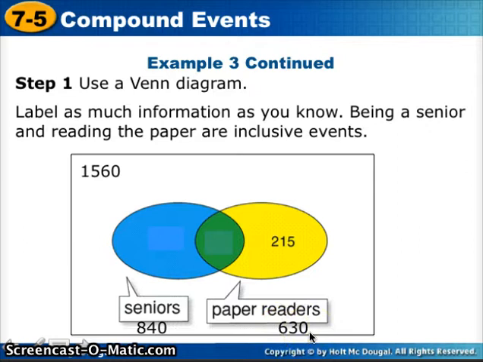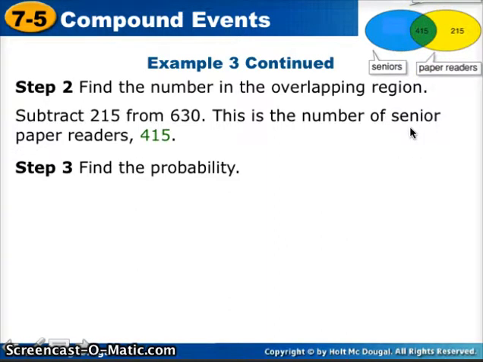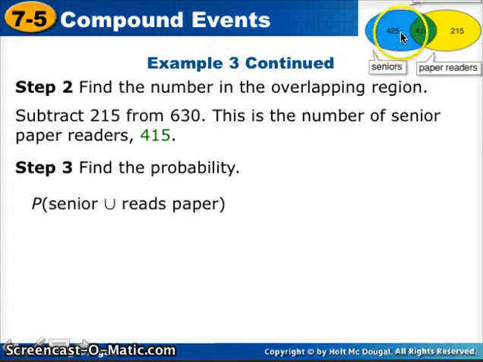Now we can subtract. If we subtract the 215 from the 630, we get 415, which is where the circles overlap. We can also find the number of seniors here because we know the total number of seniors should make up that whole circle. So we subtract, and we get 425 for the number of seniors who did not read the paper.